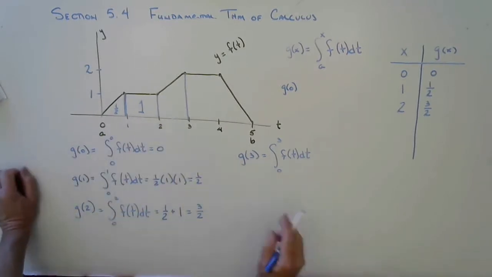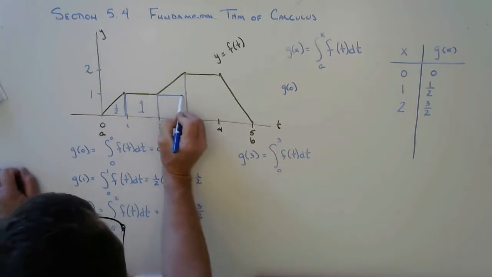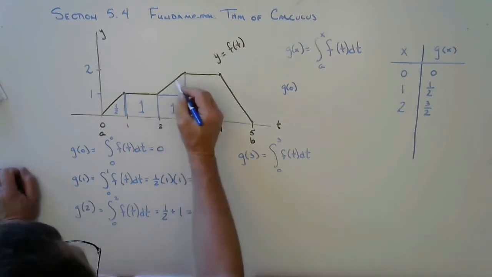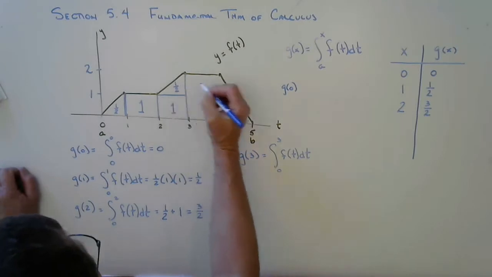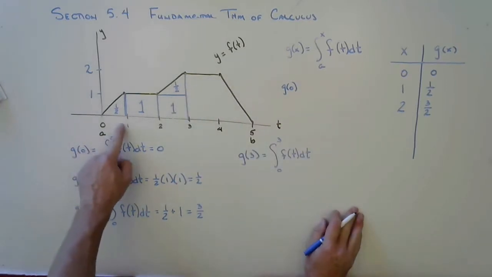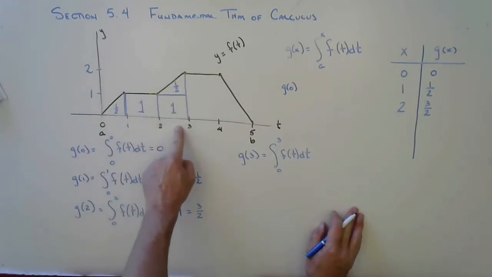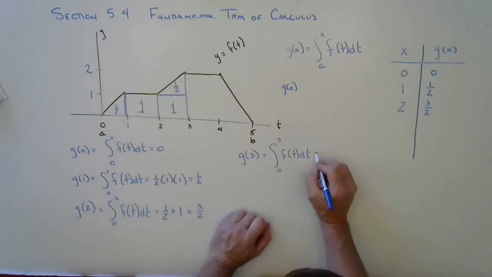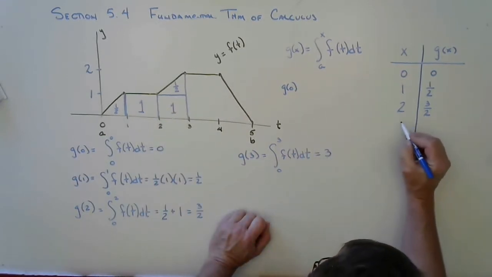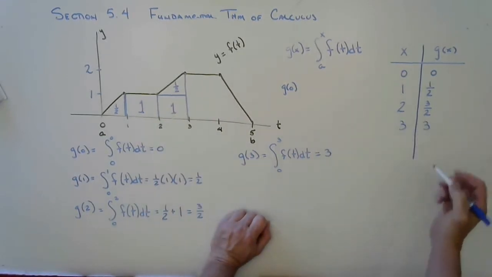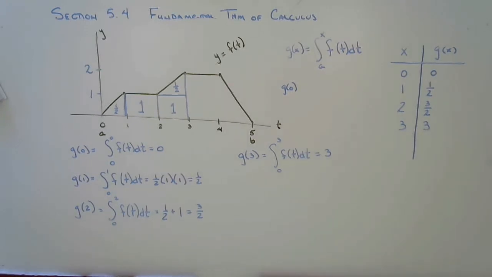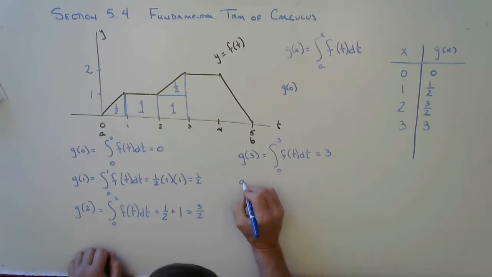We have to find this. Well, this has a square right here, yes, so that's a 1. Has a triangle right there, that's a half. So we have a half plus a 1 plus a 1 plus a half. This is going to equal 3. So when we plug in 3, out comes 3. We're accumulating the area.